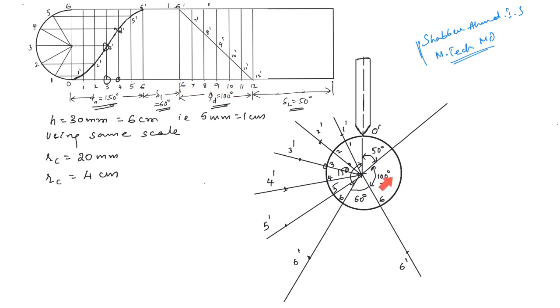So now again we have to divide this 100 degrees into 6 equal parts. So how will we do that again? As we did before, we'll just divide it into 6 equal parts. Okay.